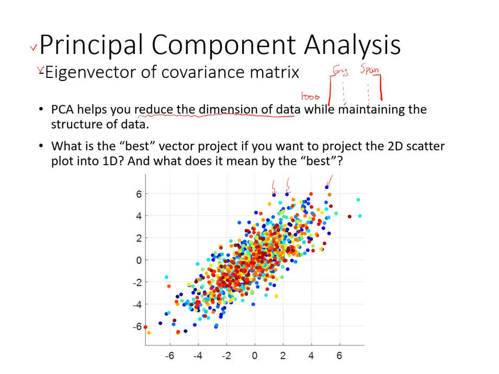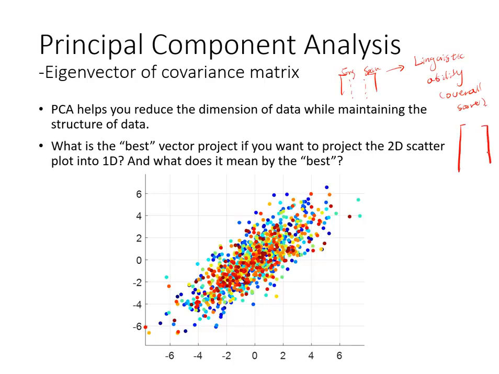And what does reducing the dimension of the data mean? It means you get an overall score for the English and Spanish scores. You can just call it linguistic ability, as in an overall score. Then what you will get is a one-dimensional feature data vector, for John, David, and so on, giving the overall score for each.